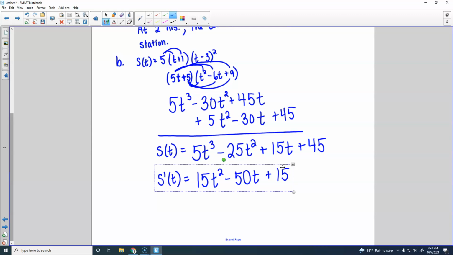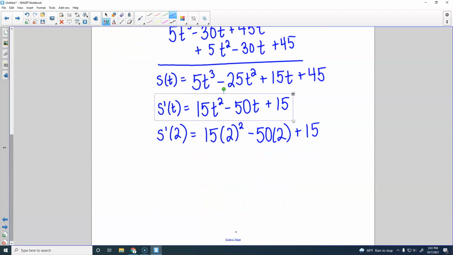That's the end of part B. It's not the end of part B, because what did they ask us for in B? We've got to put 2 in. S prime of 2 is 15 times 2 squared minus 50 times 2 plus 15.